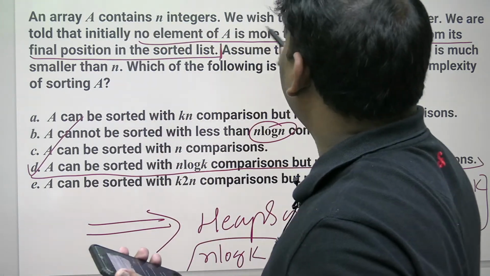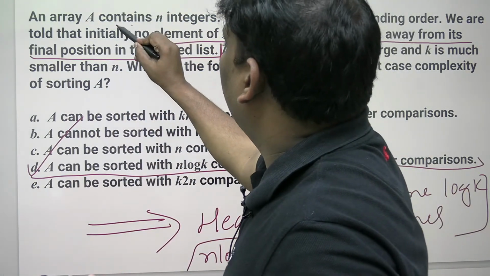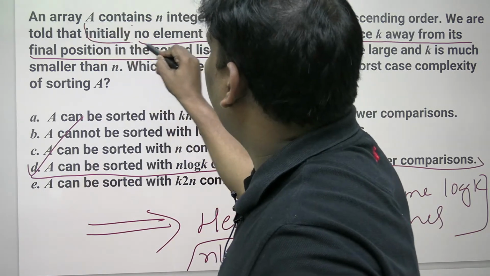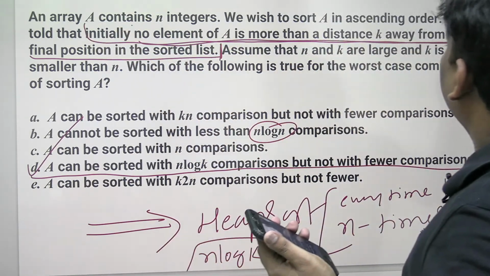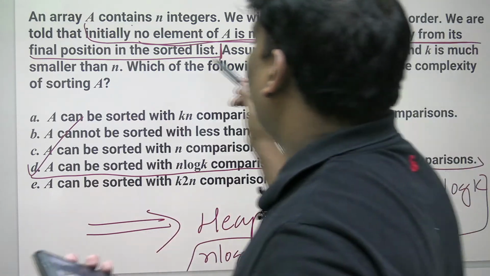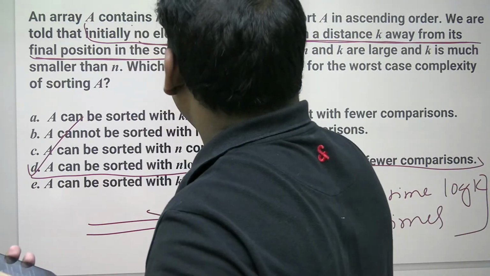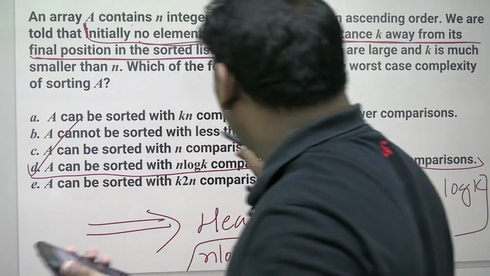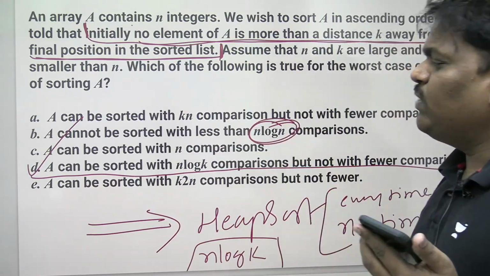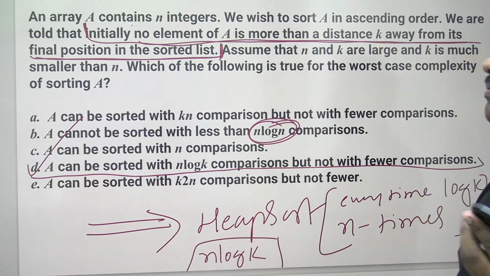This is the major keyword. Initially, no element of A is distance k away from its actual position. If this line is not there, the answer is B. Because of that line, it became n log k.